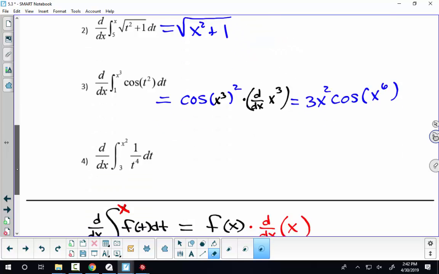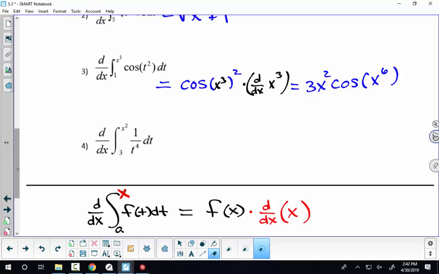Okay, then how about example 4? Two over x to the seventh. Okay.